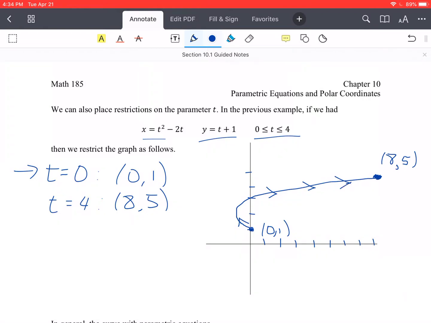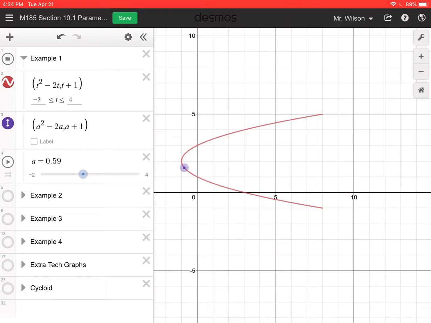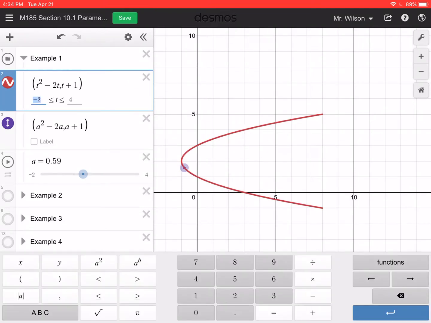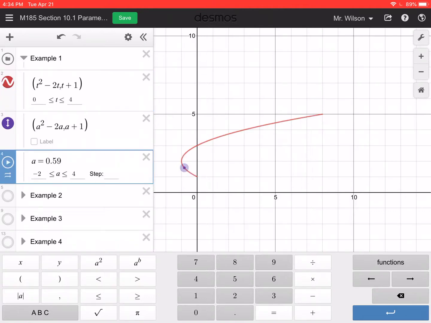Okay, so if we look on our graph on Desmos, you can see all I need to do is limit the t value. Instead of -2 to 4, just make it 0 to 4. And you can see there's our graph. And I can do the same thing to this value, 0 to 4.